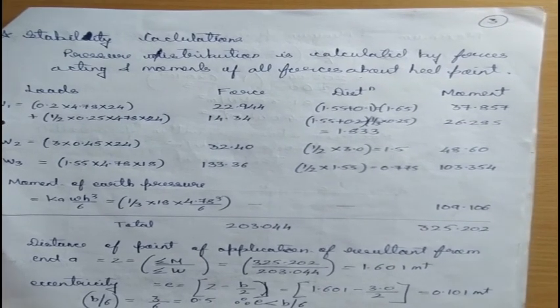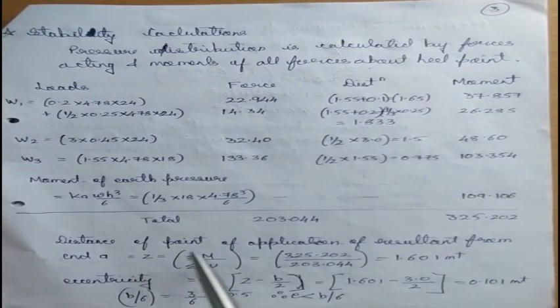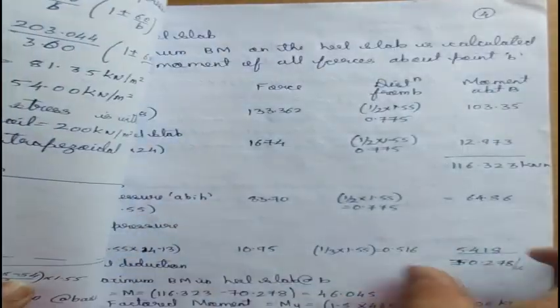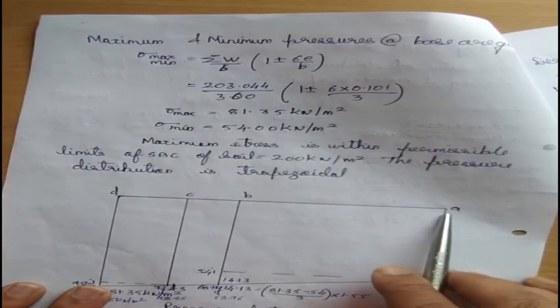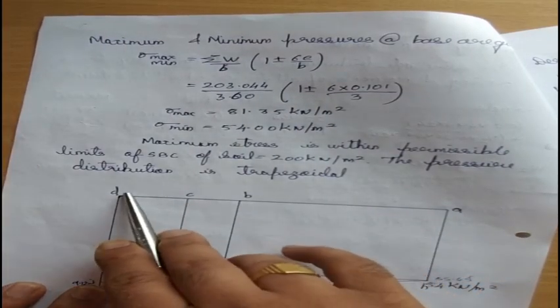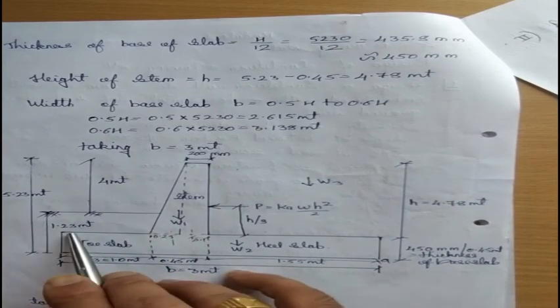Now we have to find out the application. So let us see. Distance of point of application of resultant from the end A. So I will be finding out with respect to this. I have prepared a distribution table. So this is A point, this is B point, this is C point, and this is D point. I will show it in a diagram. Where are those A point, B point? So this is A point, this is B point, this is C point, this is D point.